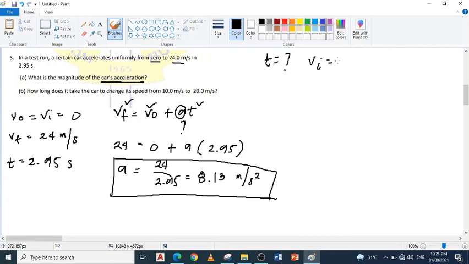Vi is equal to 10 meters per second, and then Vf is 20 meters per second. So what are the unknowns?